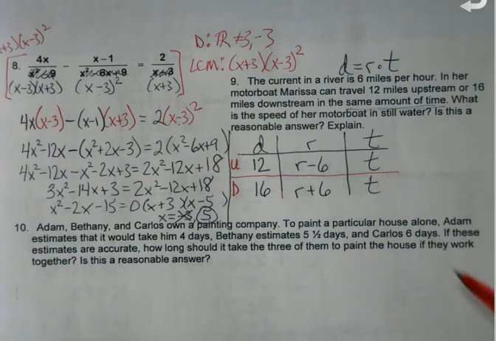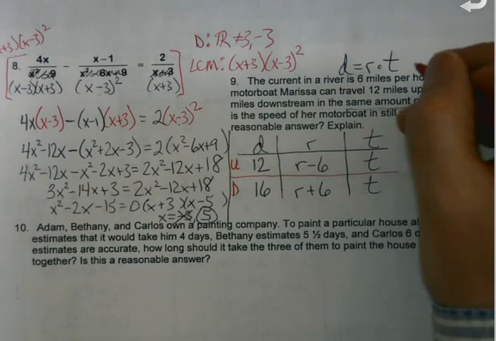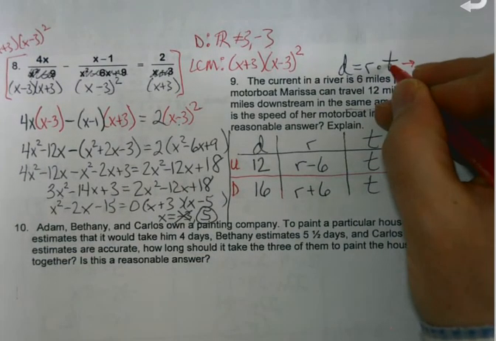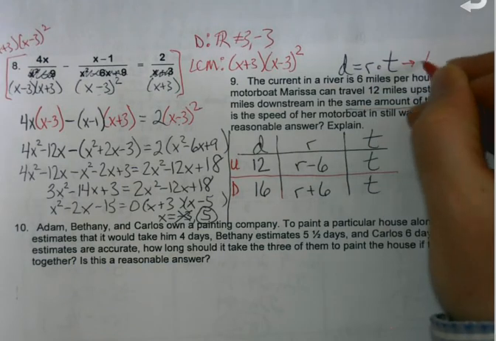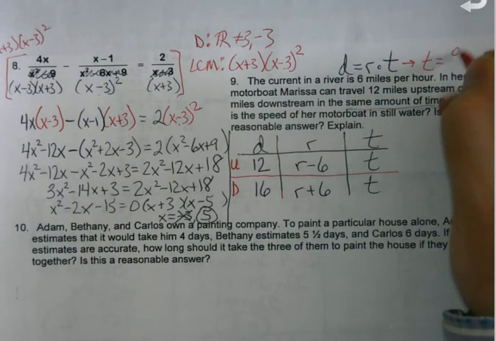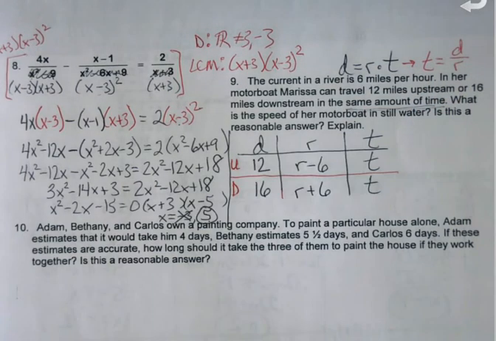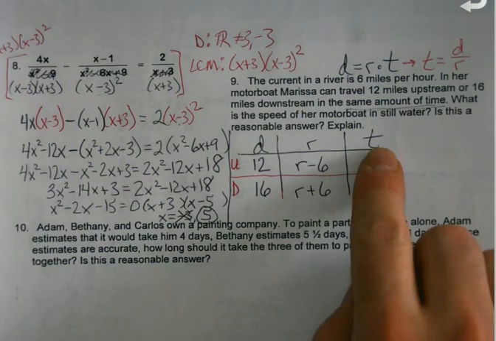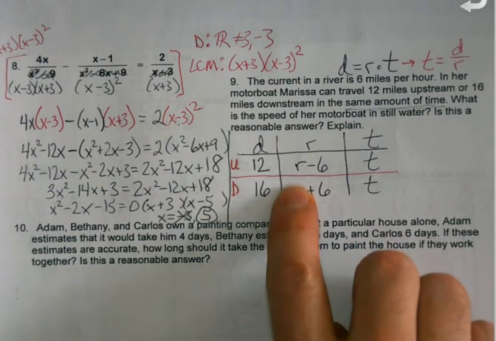So here's how this works. We're going to solve this for time, since they're equal. So if distance equals rate times time, and my times are the same, I'm going to solve for t. So t would equal the distance divided by my rate. Because these are the same, these have to be equal.